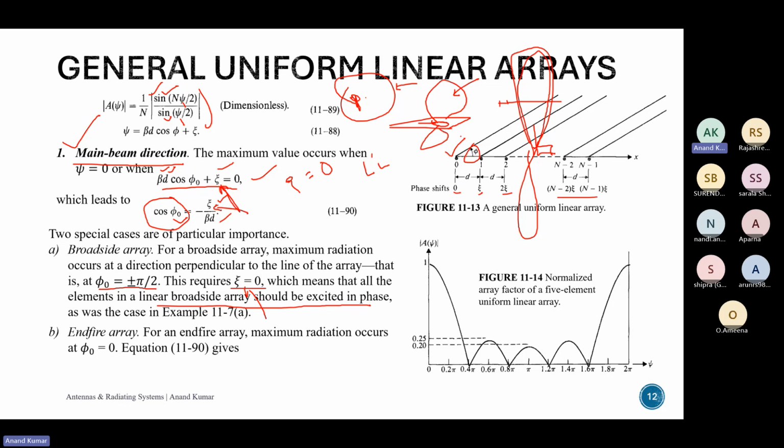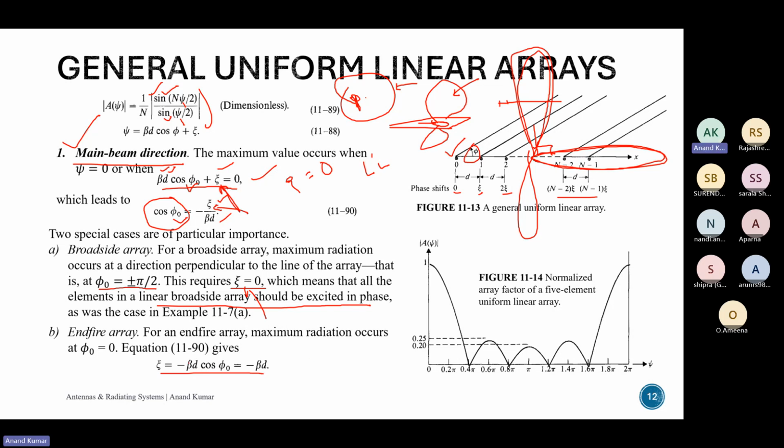Now for the end fire array, the radiation occurs in the phi equals 0 direction, which is towards the x-axis like this. If this is the direction of the maximum, this implies cos phi equals 1, which implies beta d plus xi equals 0, which implies xi equals minus beta d.